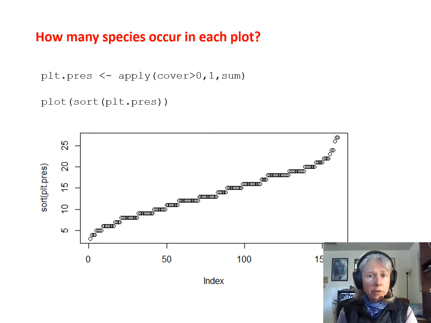Now recall that there were 169 species total. That means that even the plots with the most species represented only a fraction of the overall species richness for Bryce Canyon National Park. So the answer to our question is 3 to 27 species out of 169 per plot.